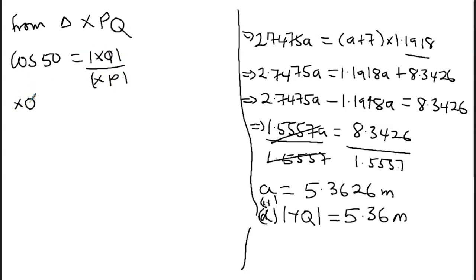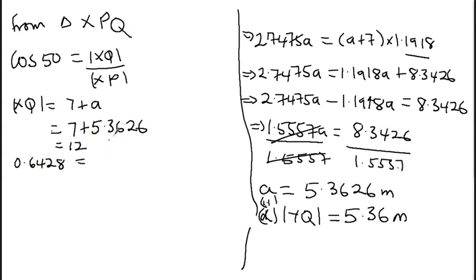But XQ is equal to 7 plus a. Let me remind you, don't use the approximated value. So 7 plus a, where a is 5.3626. Cos 50 from the calculator gives 0.6428, equal to XQ, which is 7 plus 5.3626, that is 12.3626, over the length XP.